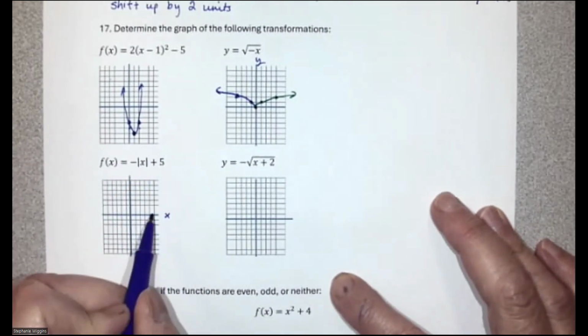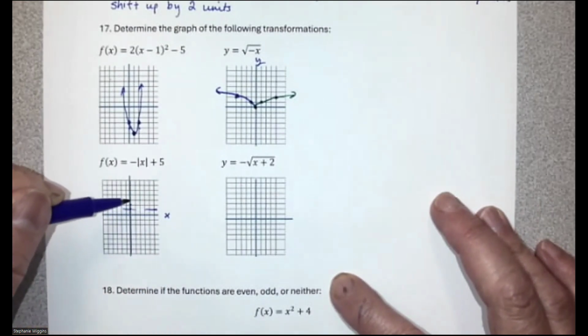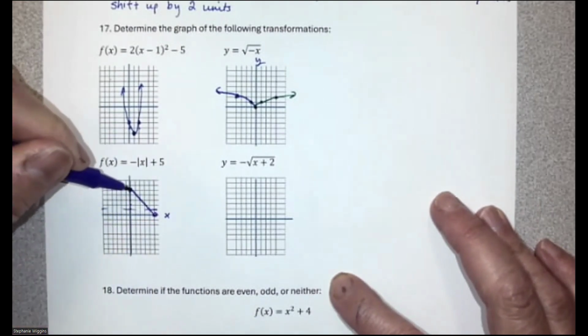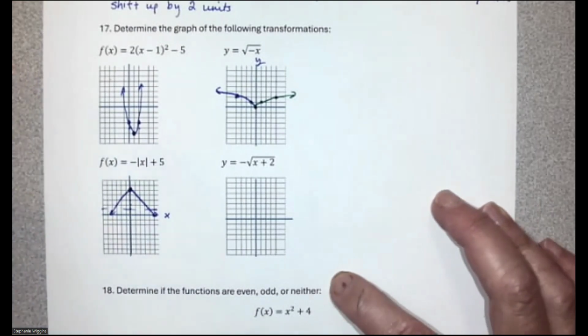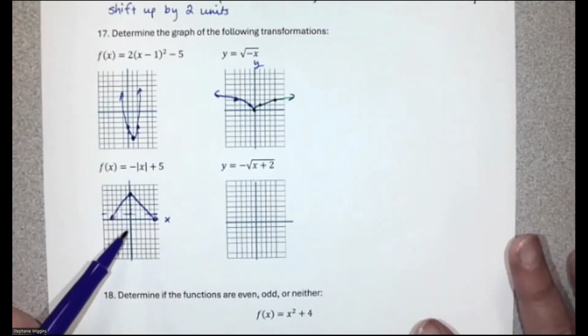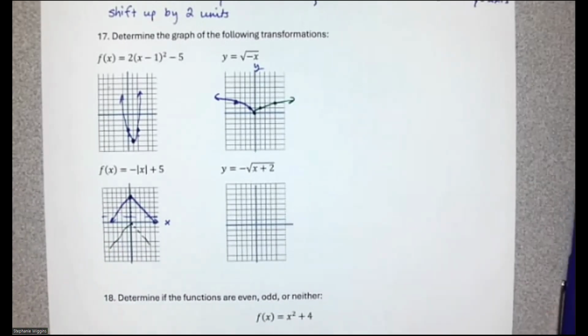So I'm missing a line there. I don't know why that didn't show up. So we have 1, 2, 3, 4, 5, and then it's V-shaped. So the reflection happens first. That's why it's reflected across here, and then it's shifted up 5 units.